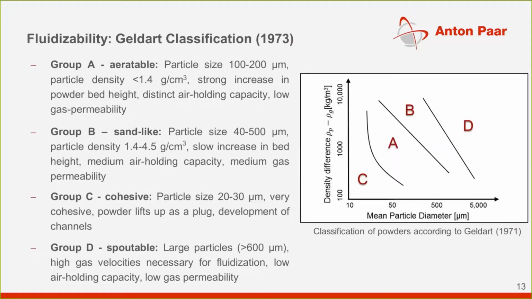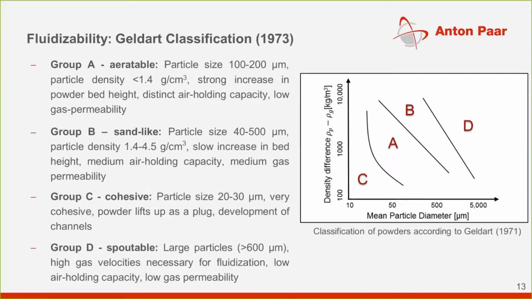Now, if we look at this in a bit more detail, we can see these 4 groups here on the right side. We have the groups A, B, C, and D. The group A are aeratable powders, so powders that can be fluidized relatively easily and nicely, rather small particle size with about 100 to 200 microns, with a relatively low particle density, lower than 1.4 grams per cubic centimeter.